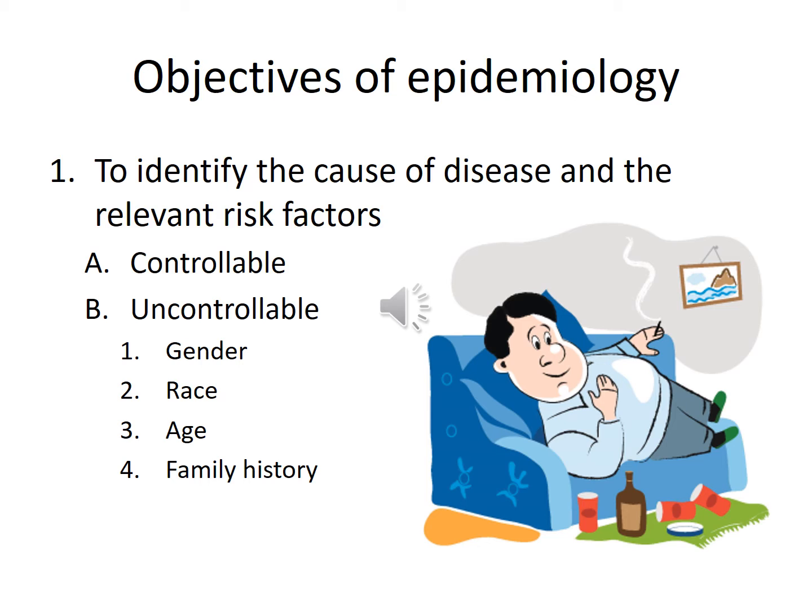But there are lots of different controllable risk factors out there in the world. Things such as smoking or obesity, exercise levels, alcohol levels, different types of food intake. So there's many different controllable factors that we can look at. When we're looking to try and determine what is causing a disease, we look at both controllable and uncontrollable factors.